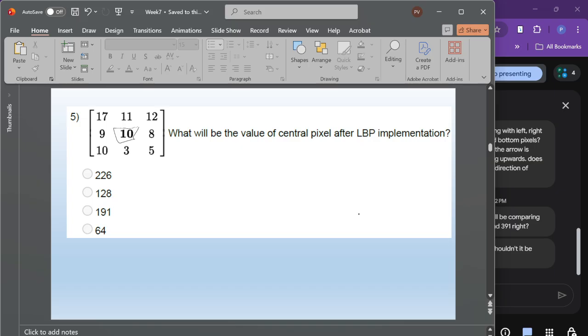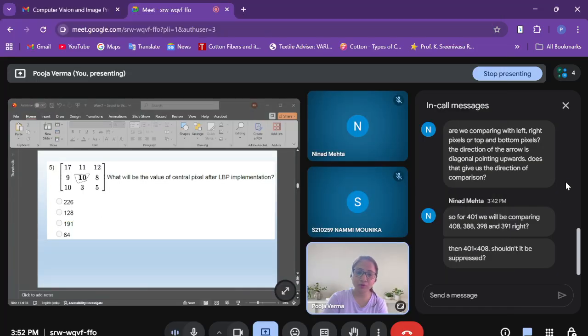So how can we perform the LBP implementation? What is basically LBP? What is the full form of LBP? Anyone knows?